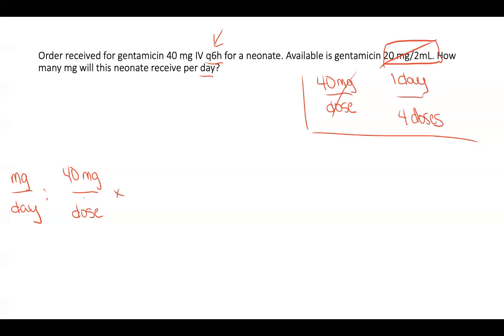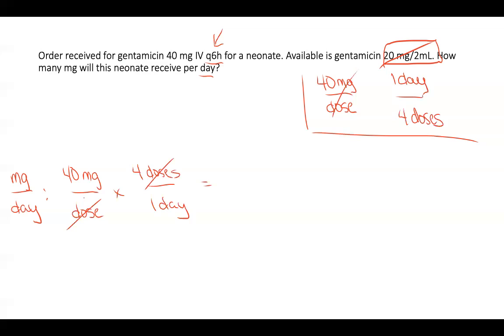Okay? So I'm going to plug that into my problem, but I'm going to flip it and make sure the doses is on top again so I can cancel that out. Now I'm left with 40 milligrams, milligrams per day, which is what I'm looking for.